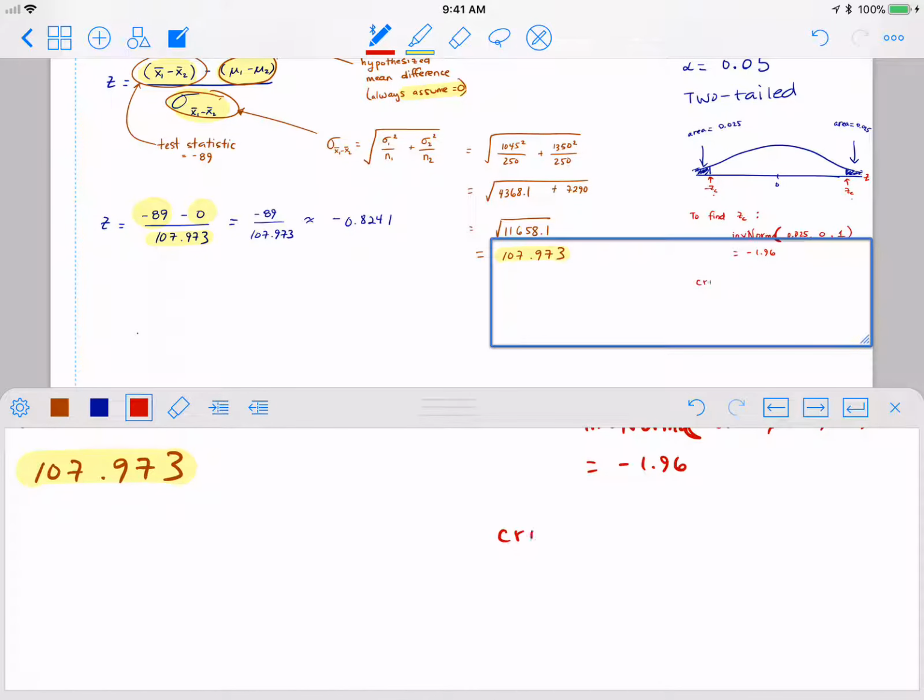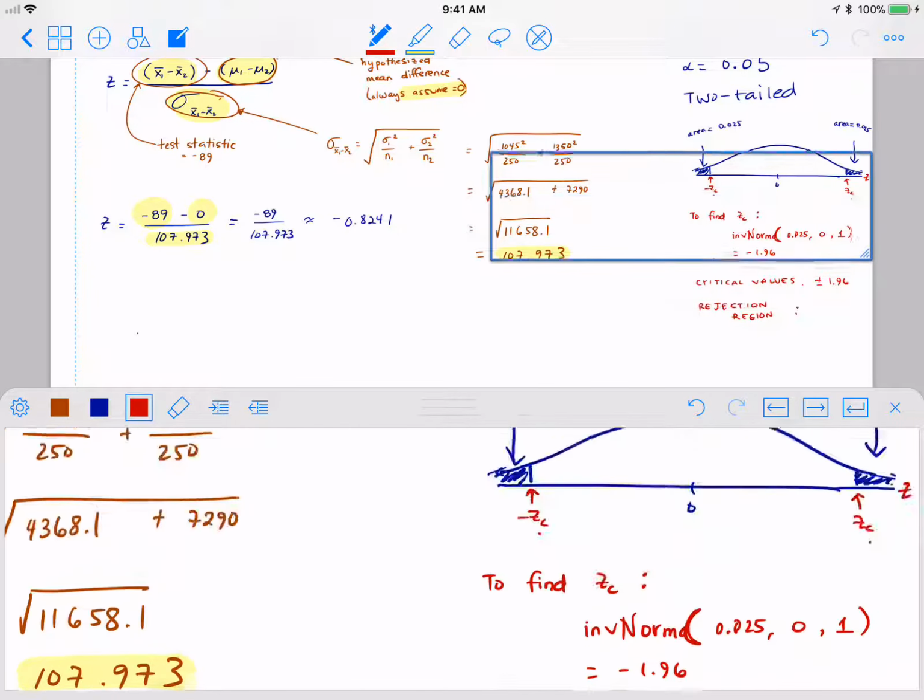So our critical values are plus and minus 1.96. And our rejection region is going to be anything that's more extreme than plus 1.96 and anything that's more extreme than minus 1.96.